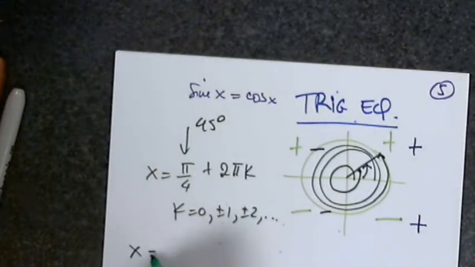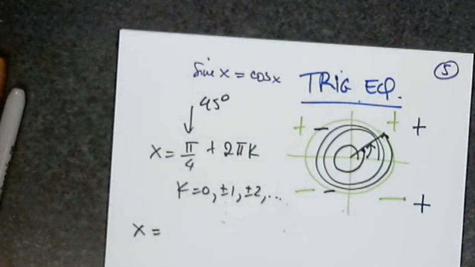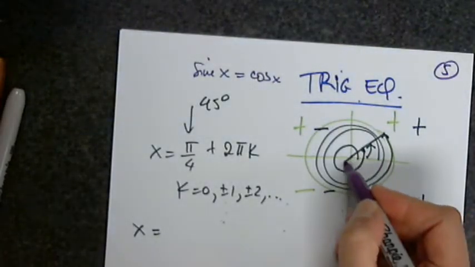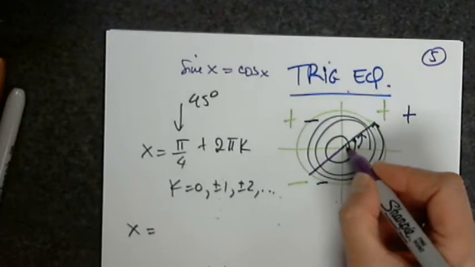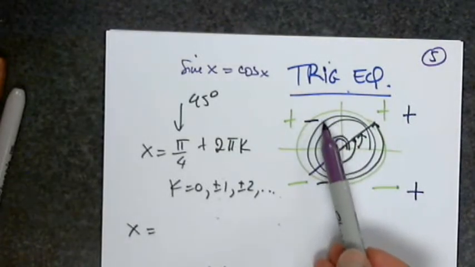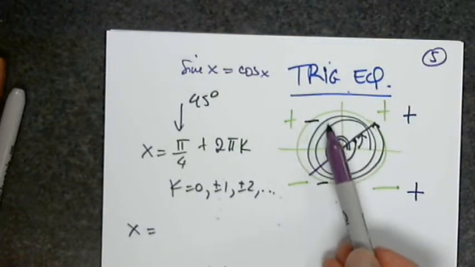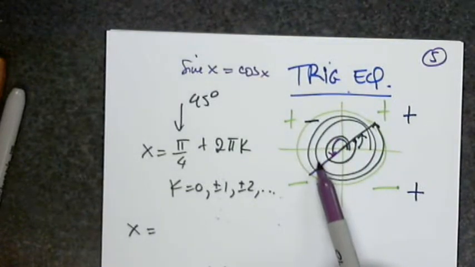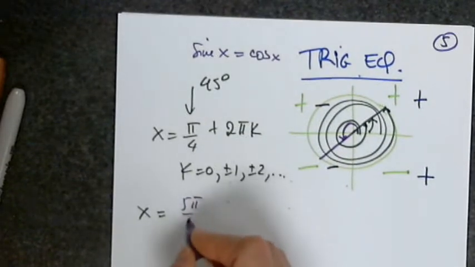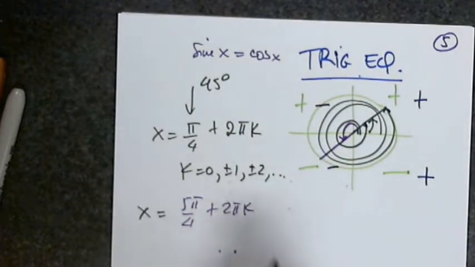Good. Is there another option? It must be. So it's going to be this angle, right? So 45 plus 45 plus 45 plus 45. There are two 45s here and two 45s here. So 5 pi over 4, plus 2 pi k.